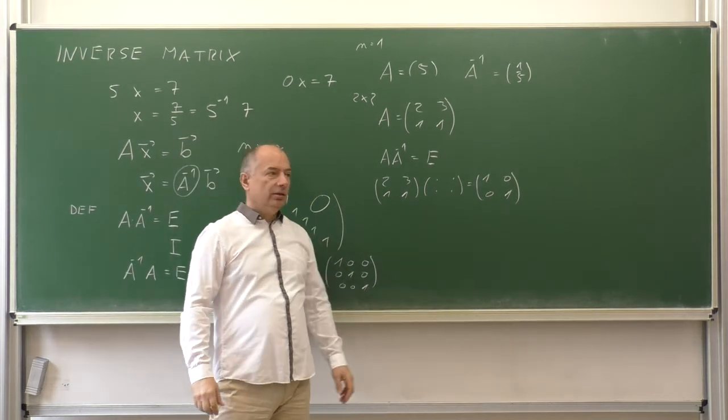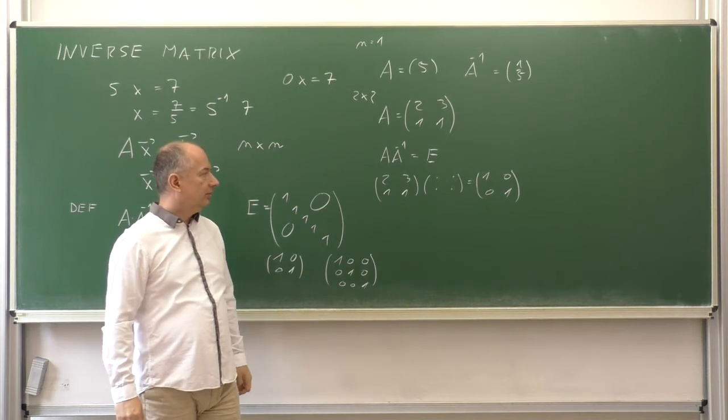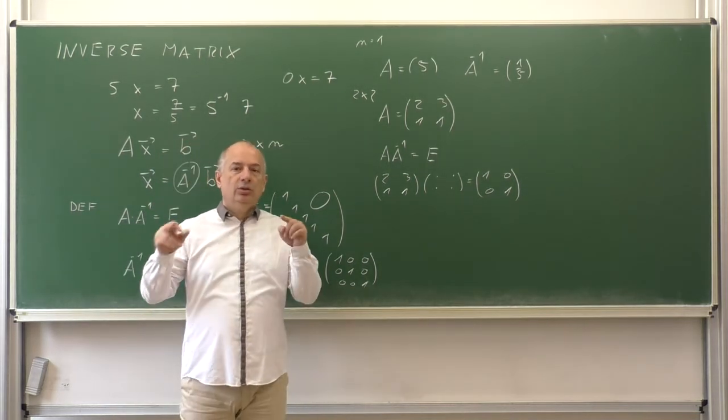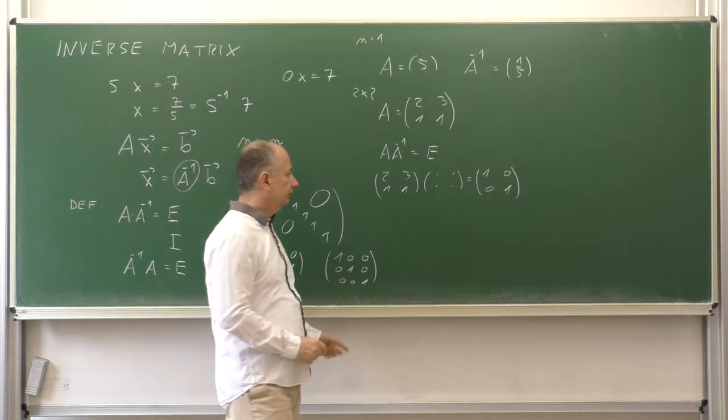This equation between two matrices on the left and on the right is equivalent to 2 equations for separate columns.